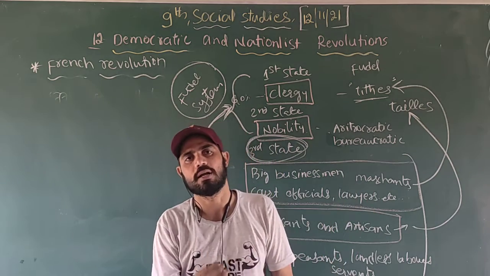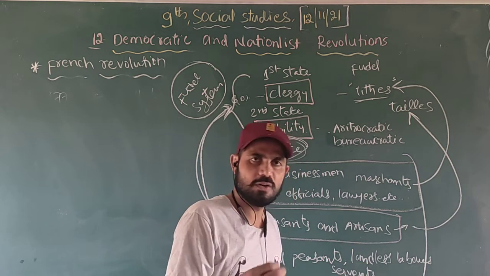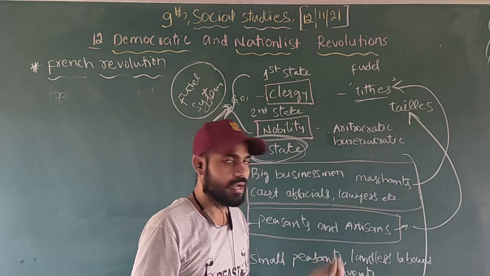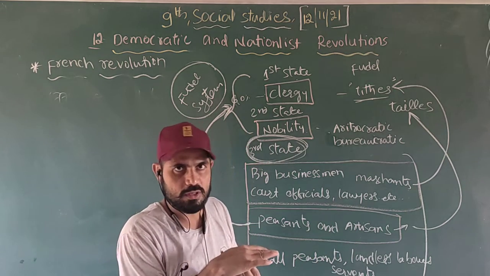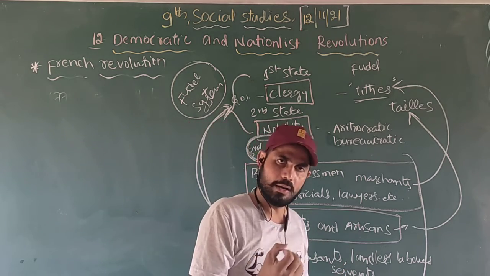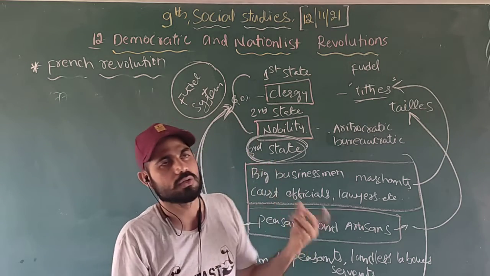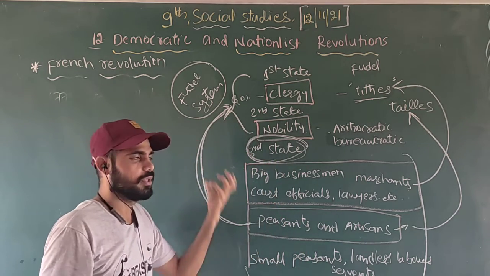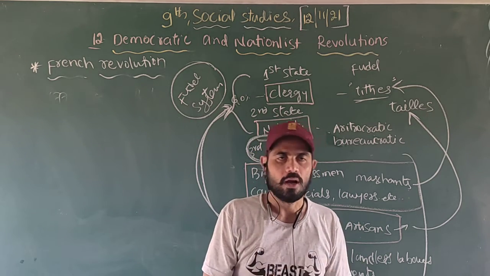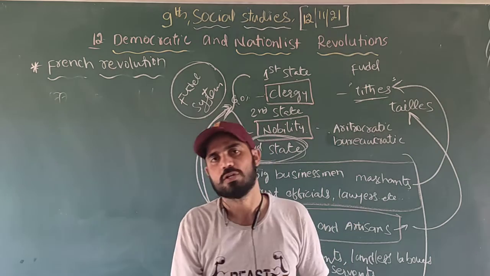So these are the reasons for the French Revolution, the basic way the French Revolution started. When the domination is very high, then automatically anger comes to these people, and when this anger turns towards revolution, right? This is how the French Revolution started, what consequences were faced, and finally what was the end of the French Revolution.